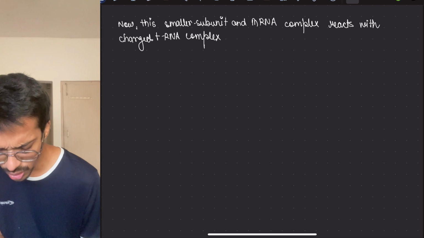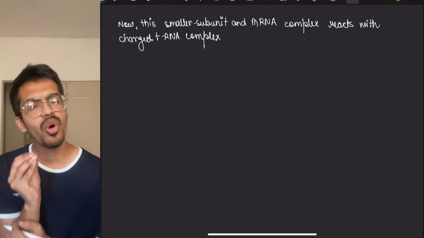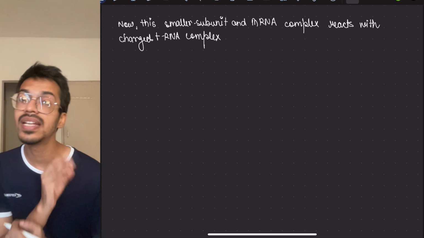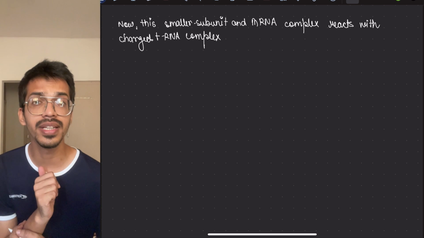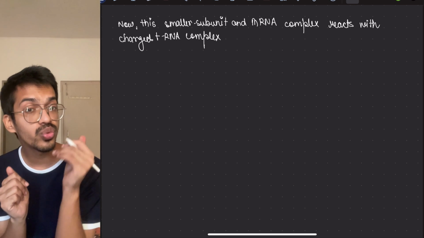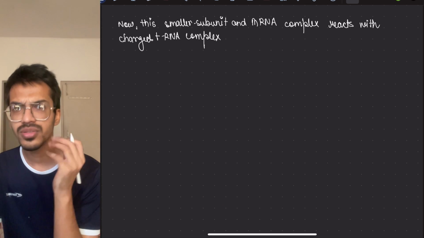And the first one, when we are starting the process, because it's the initiation step, will always have methionine in it. Why methionine only? Because the AUG corresponds to the methionine amino acid.